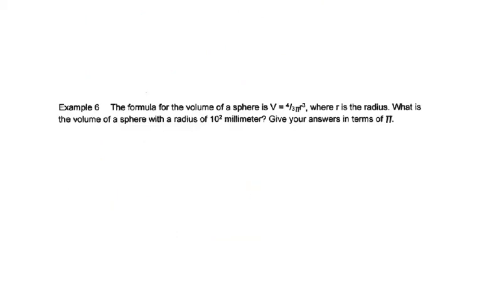Okay, last question. The formula for the volume of a sphere is v equals 4/3 pi r cubed, where r is the radius. What is the volume of a sphere with a radius of 10 squared millimeters? So we're going to say v is 4/3 pi r cubed, just to make life a little clearer.